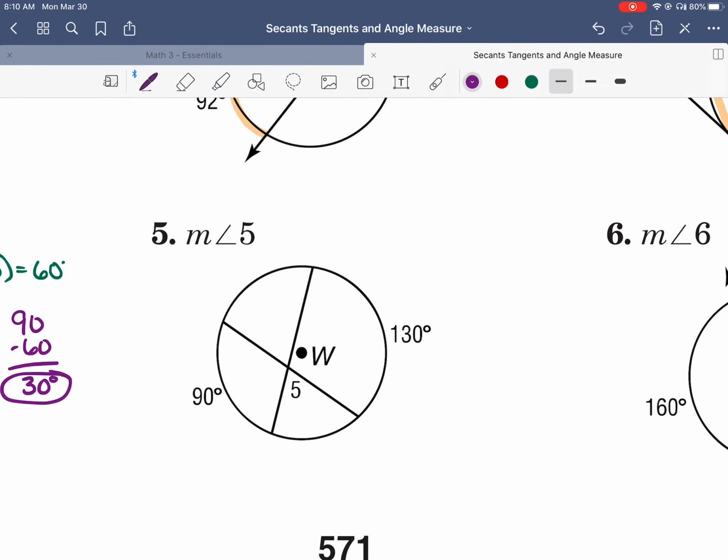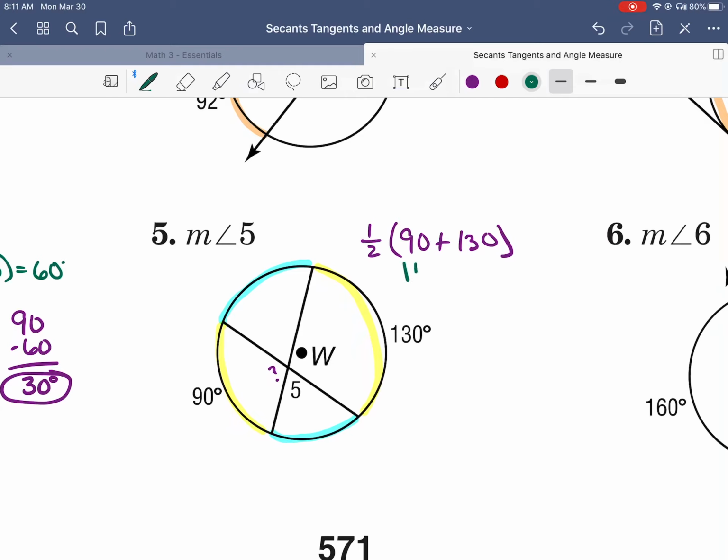Angle 5, okay? If I look at angle 5, the two arcs it creates are these two. I know nothing about them. So I'm going to use the arcs that I do know. So I have this arc and this arc. If I want to find this angle right here, I can do half the sum of 90 plus 130. 90 plus 130 is 220.